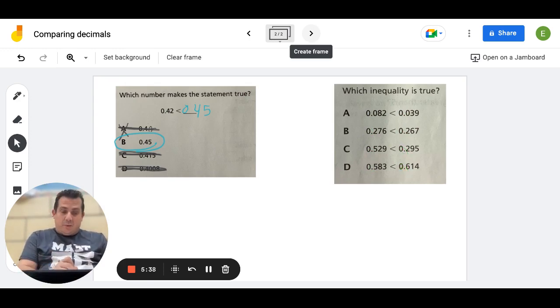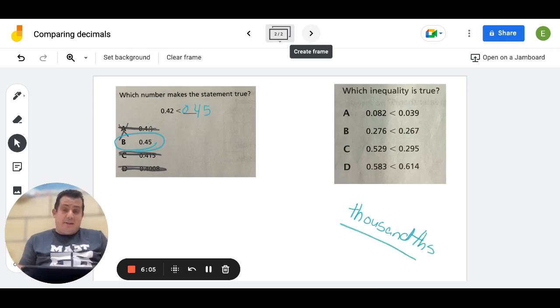Here we notice we have 3 digits in each one. So all 6 decimals are going to go to our thousandths place.